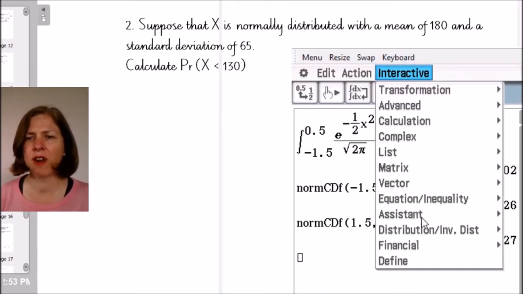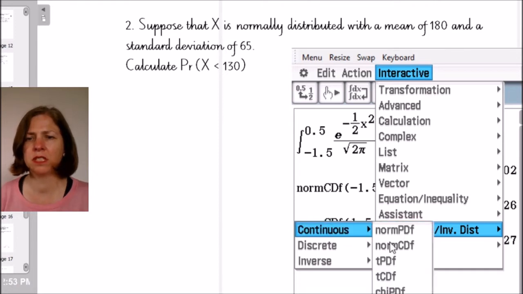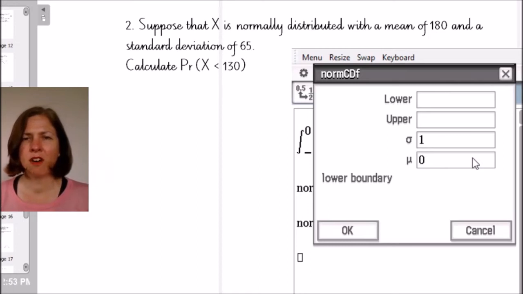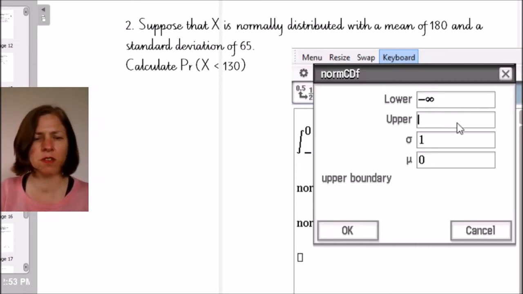So I go interactive, distribution, continuous, normal CDF. Now it's X is less than 130, so my lower boundary is going to be -infinity. My upper boundary is 130.